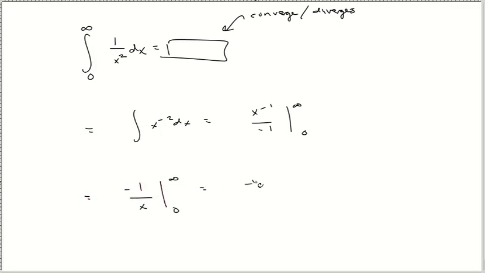If I plug this in, I've got 1 over infinity, and then two negatives make a positive, 1 over 0. So I basically got 0, a negative 0 plus infinity. Notice, whoa, is that going to be infinity? Infinity plus 0. Do I get infinity?